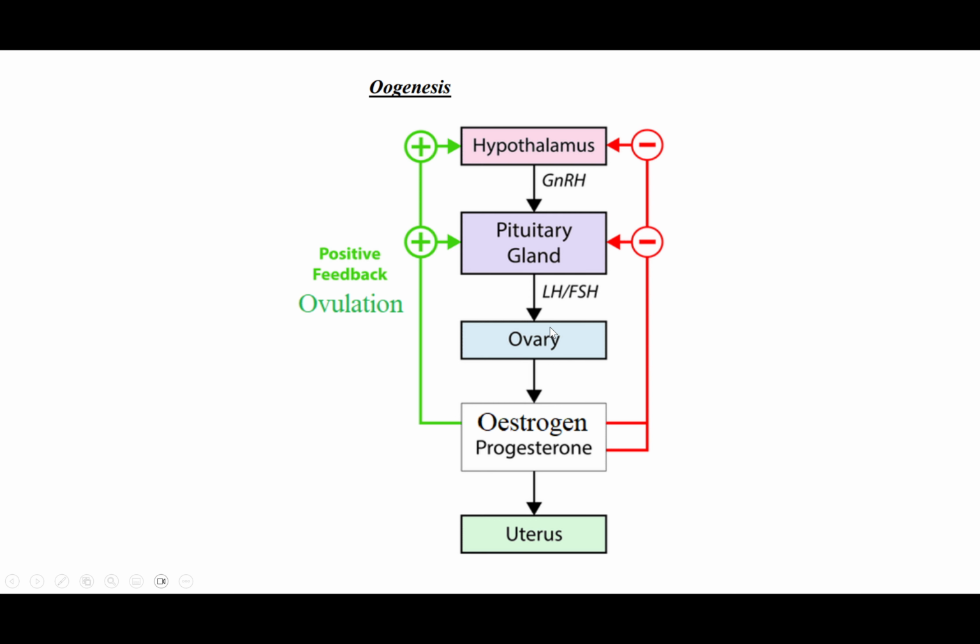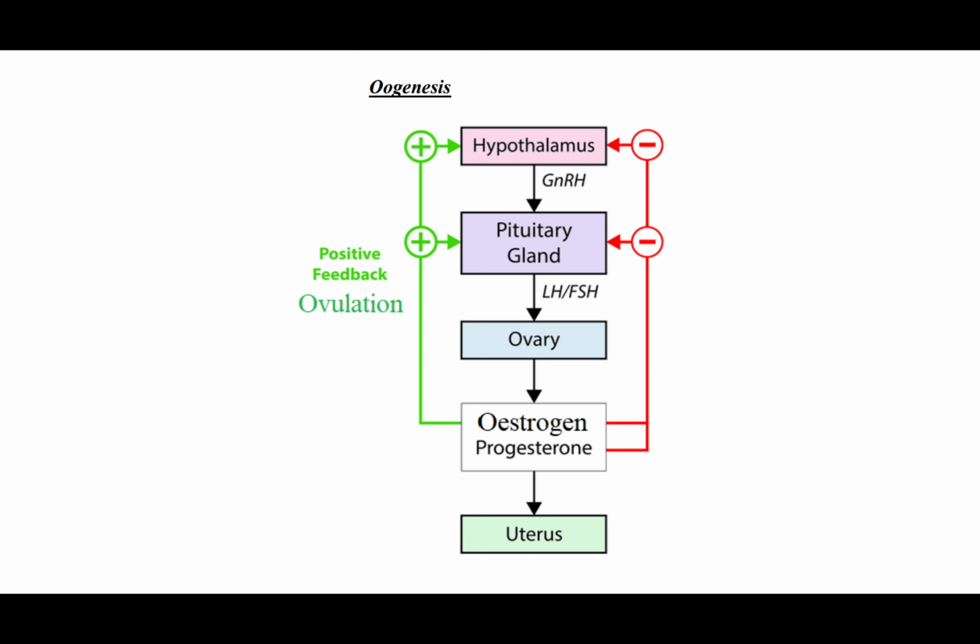That's so interesting. Progesterone, we know, goes to the uterus, right? What does progesterone do to the endometrium? It makes the walls thicker. Okay, somebody said make the walls thicker.